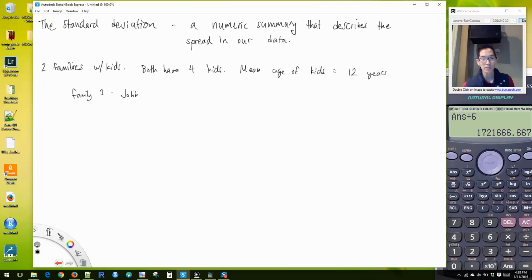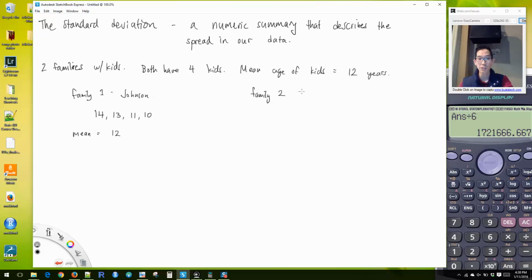The Johnson family. 4 kids, mean age is 12 years, so we will say their kids are aged 14, 13, 11, and 10. These are the 4 kids, and if we calculate the mean age, indeed we would get 12.